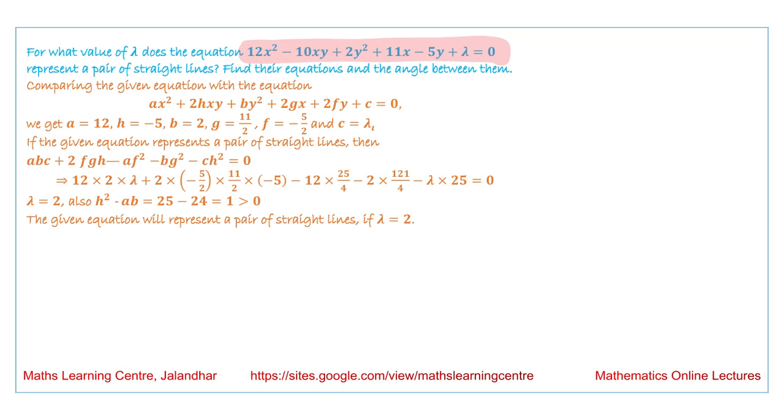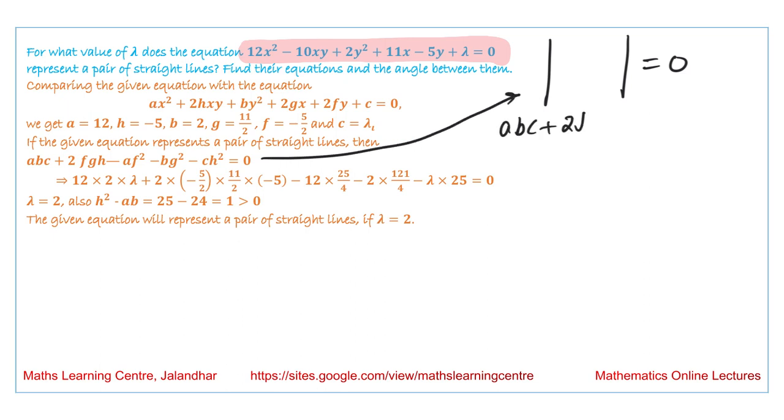First of all, we have to calculate the condition, and the condition we know is that the determinant should be equal to 0. The value of the determinant is abc + 2fgh - af² - bg² - ch², which should be 0. So if we substitute the values from this equation, we will obtain the result in the form shown over here.